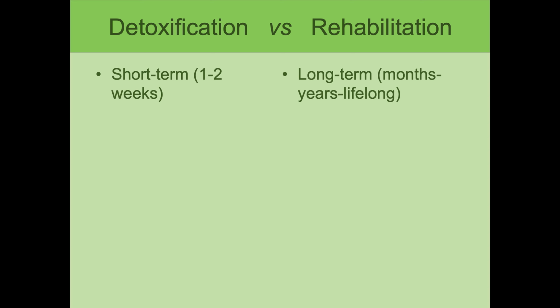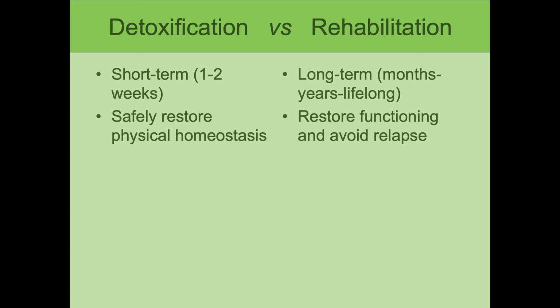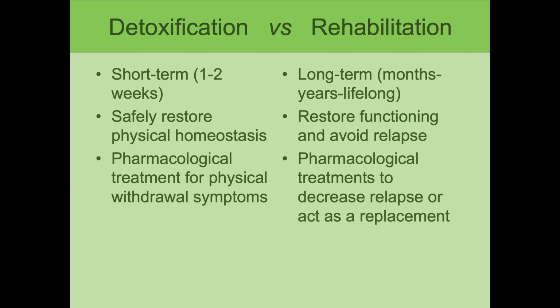This can take months to years. It can even be lifelong in some cases. And this is a long-term process that is focused on the psychological end. So detoxification is focused on physical homeostasis. Rehabilitation is focused on long-term restoring psychological functioning, avoiding relapse.